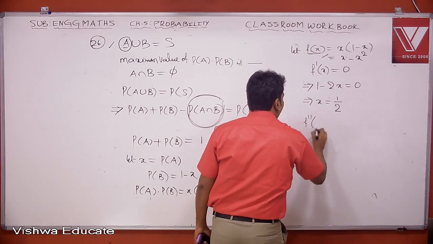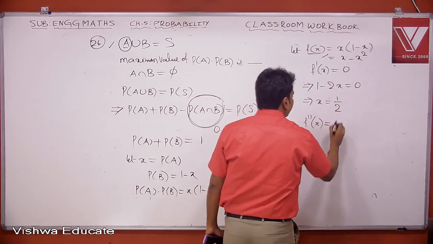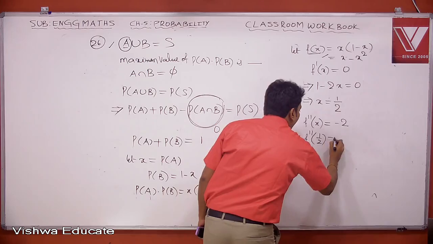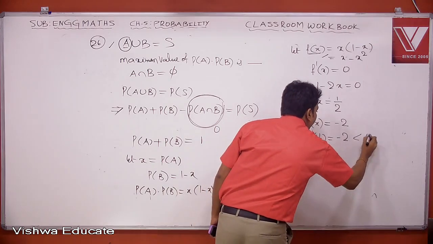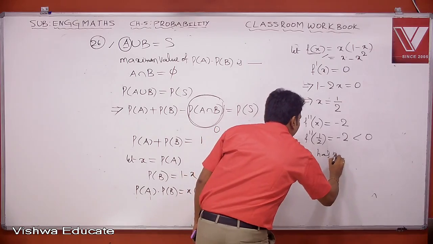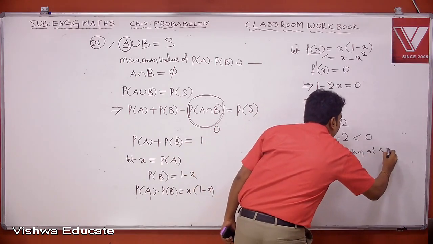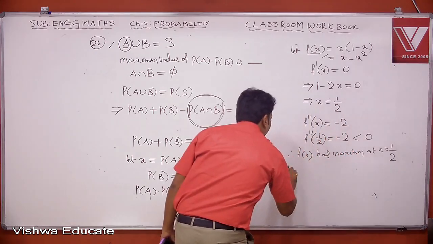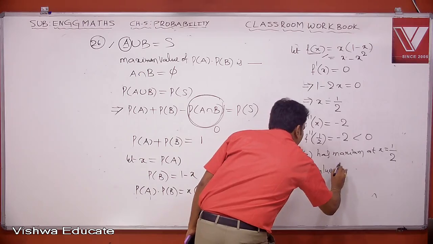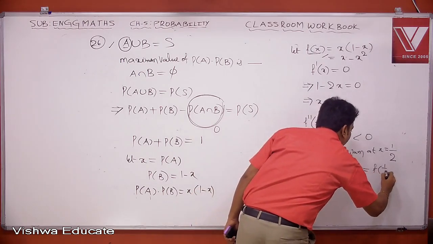Now what is f double dash of x? The second derivative of this is minus 2. So f double dash of 1 by 2 equals minus 2. This is negative. Therefore f of x has a maximum at x equal to 1 by 2. Therefore the maximum value of f of x equals f of 1 by 2.